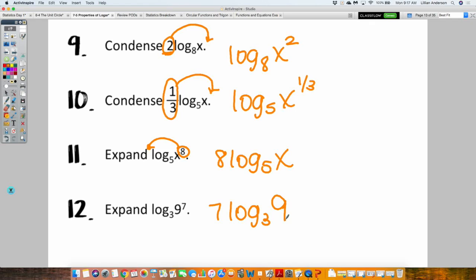Log base 3 of 9 turns into 2. So this is actually 7 times 2, which is 14. Again, if I just ask you to expand, the top line is the answer. But if I ask you to expand and simplify, then it's the bottom answer. No, it would just be 14, period.